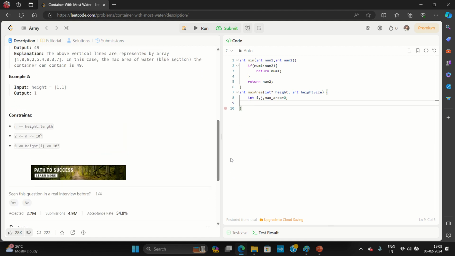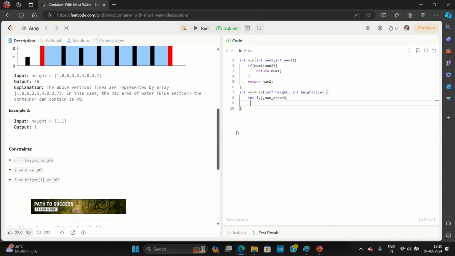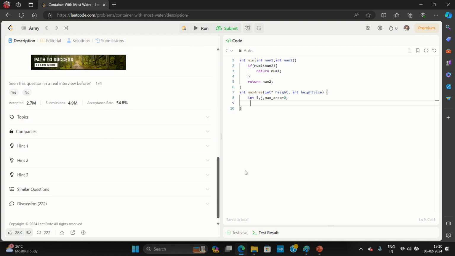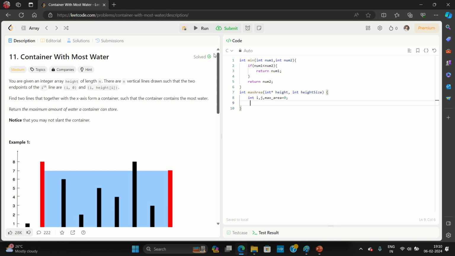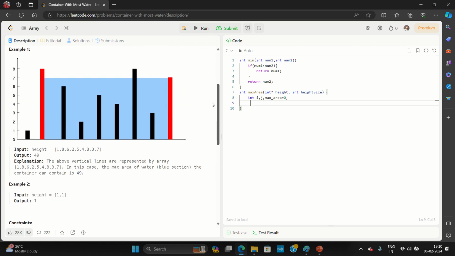If we go by the constraints, the length is up to 10 to the power 5, and a loop can definitely do 1 lakh iterations. It was big O of n square earlier, so we were doing 10 to the power 5 into 10 to the power 5, in the worst case 10 to the power 10 iterations, approximately.